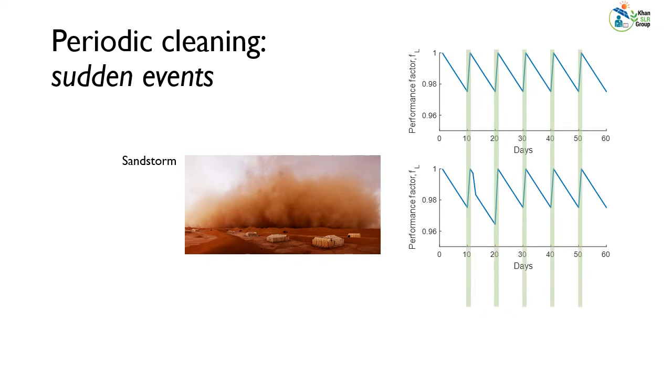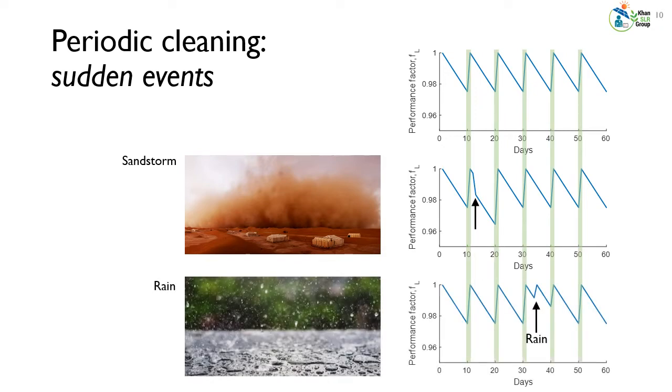Now, things are better when you have rain, right? On a rainy day, the output is going to recover, or the panel is going to clean itself. But the thing is, you don't really want to clean as quickly this time because you have a cleaner panel.